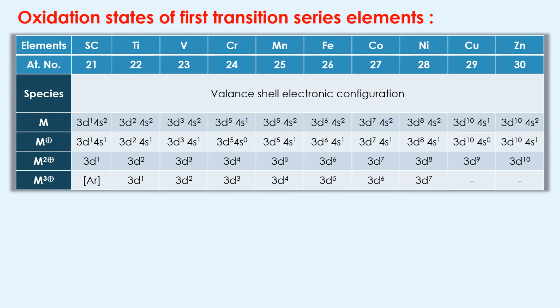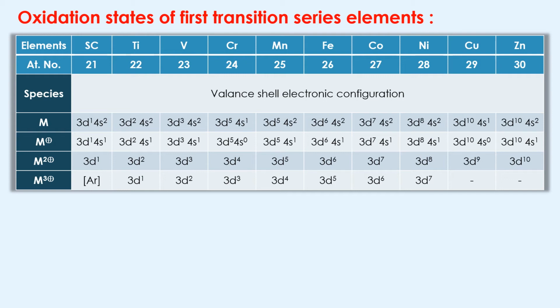For chromium, as you can see, we have taken 3d5 and 4s1, and for copper we have taken 3d10 and 4s1. The rest of the elements have the same observed and expected electronic configuration. So we write it as we do in our electronic configuration. So now M+.